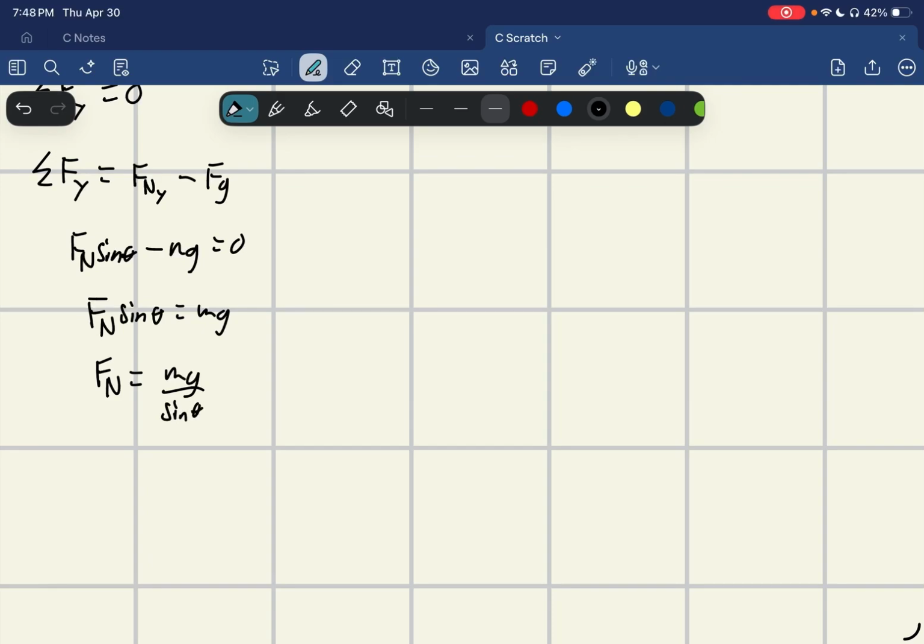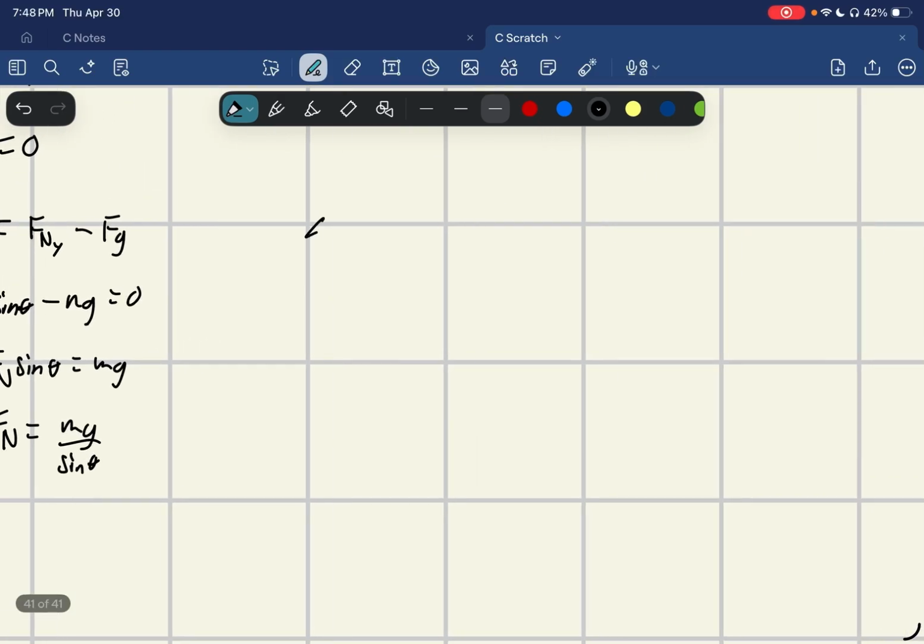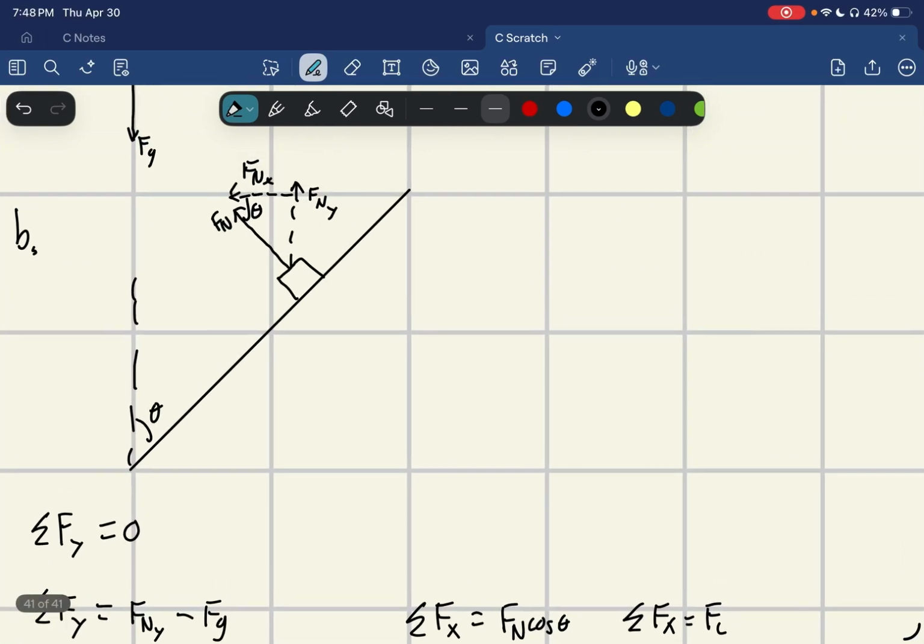Okay, but we can also look in the x direction. Net force in the x direction is equal to Fn cosine theta, but net force in the x direction is also equal to Fc, which is equal to mv squared over r, where r is this.